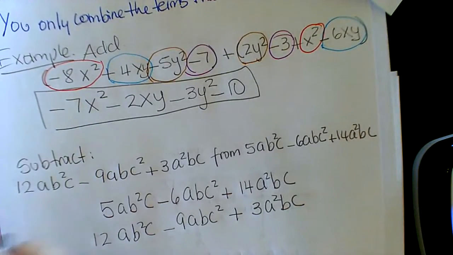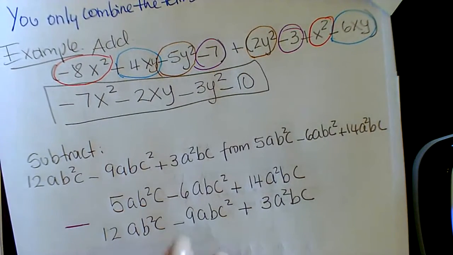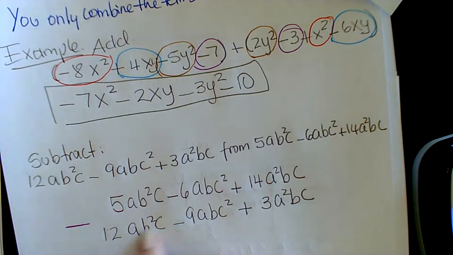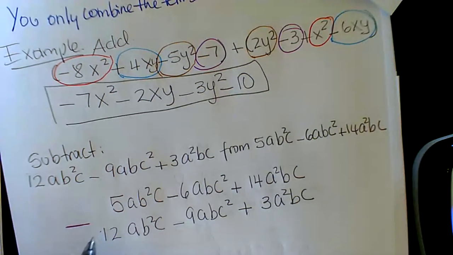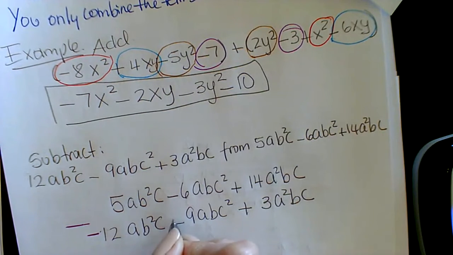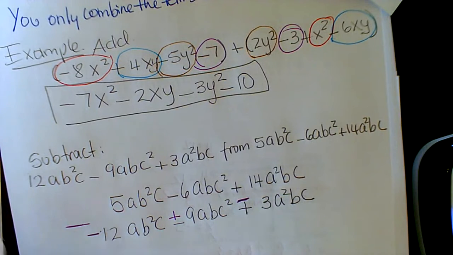subtract, right? So because it says subtract, the signs of all of these terms are going to change. So if this one was positive, now it's negative. Negative is going to be positive, and positive is going to be negative. Don't forget to do that when you're doing a subtraction.